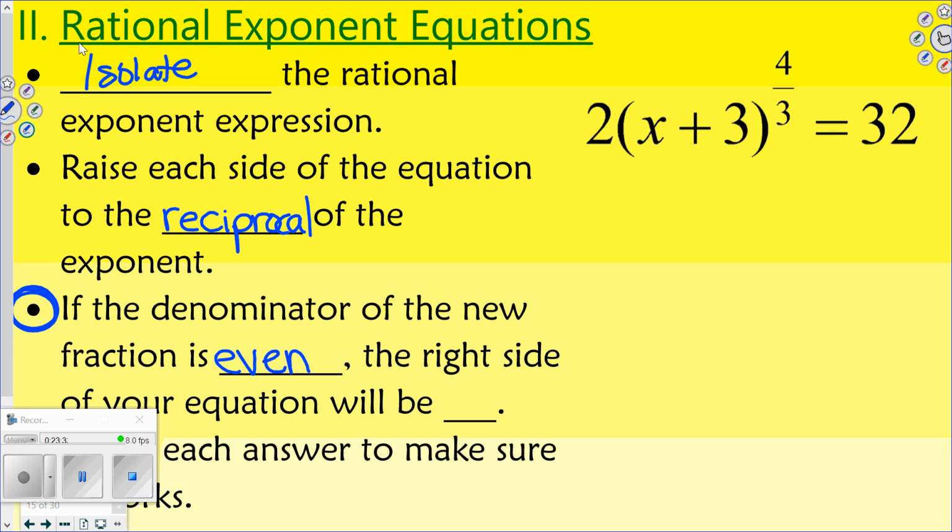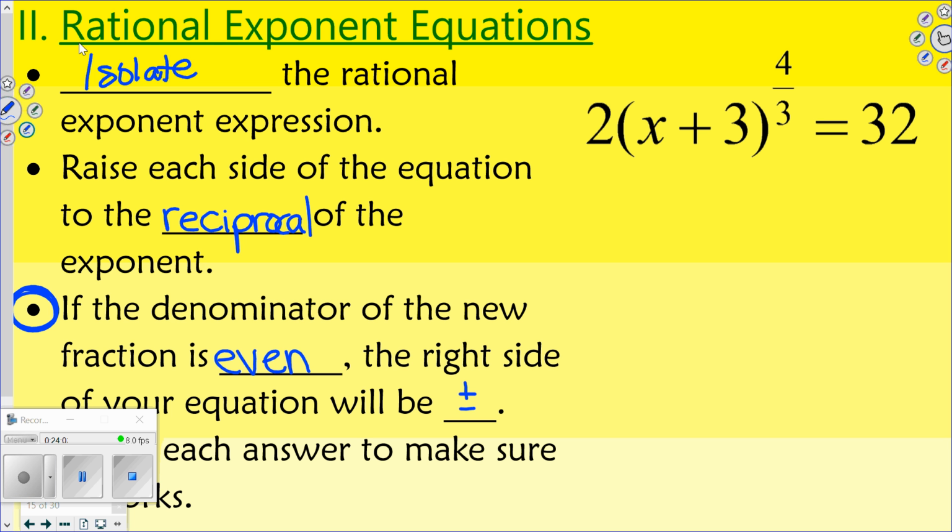If you're flipping it to the other form, if I would flip this back to radical form, it's the root. Like this would be the cubed root of x plus 3 to the 4th. The denominator is my root. And what did we talk about if it's an even root? Your answers would have to be plus minus.